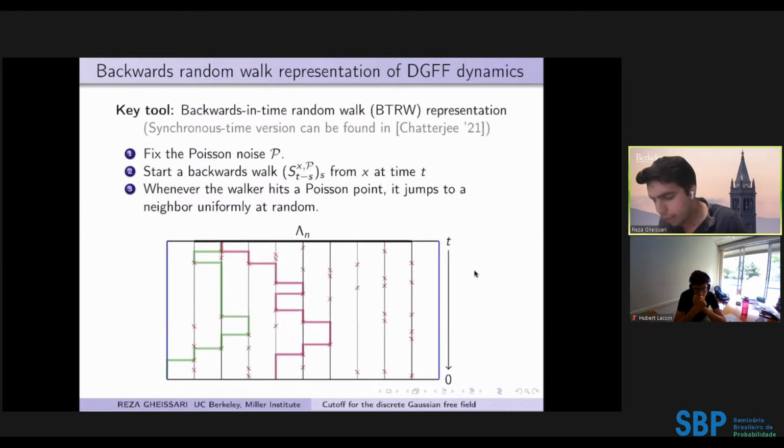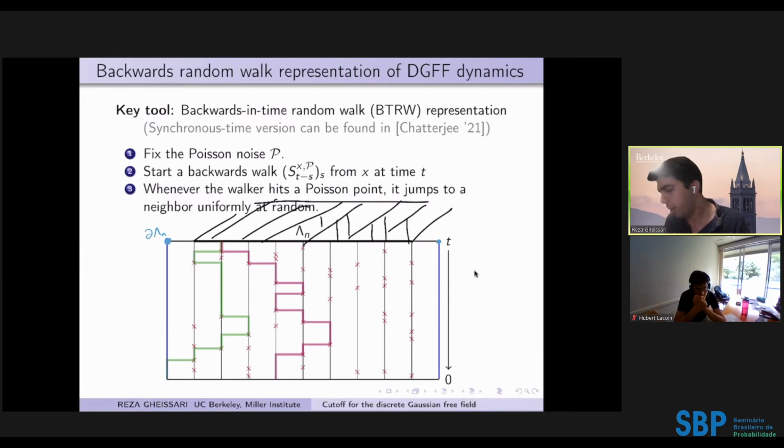Now, one can see that because there are no clock rings on the boundary, so this here and this here are partial lambda n. And remember, this is a 1D picture, but in reality, in dimension 2, for instance, this lambda n goes backward, and there's kind of lines down all over, and then this is your boundary.